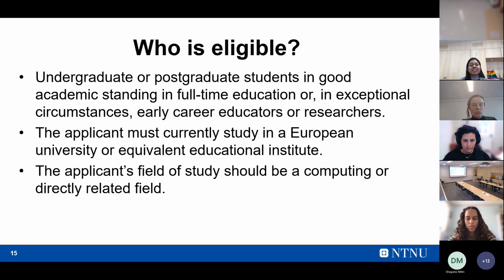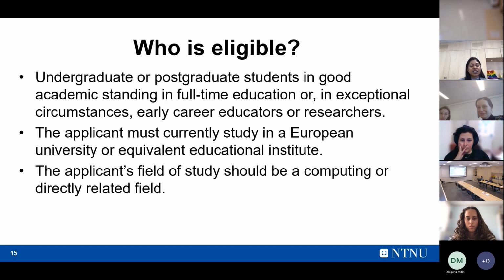So who exactly is eligible to apply for one of these scholarships? There are several criteria, but I'll go through the top three really quickly. First, you should be a student, an undergraduate or postgraduate student. You can also be an early career educator or a researcher.